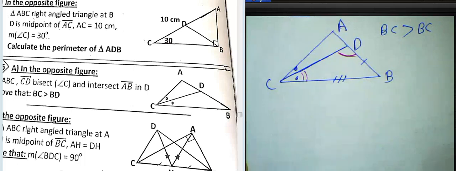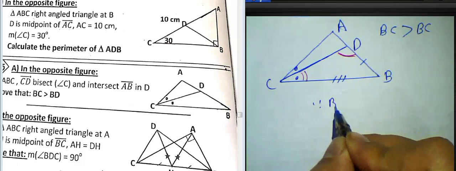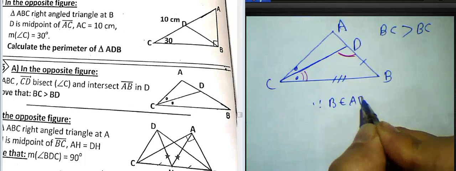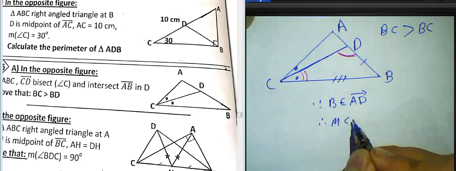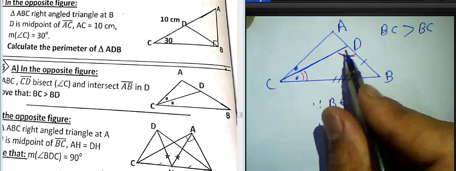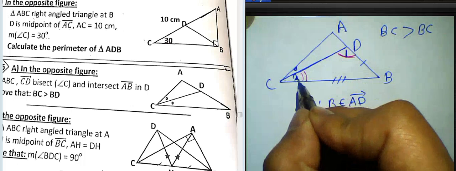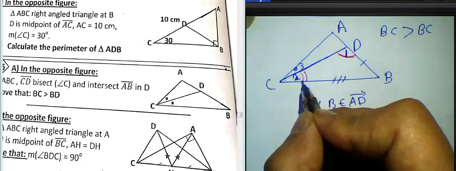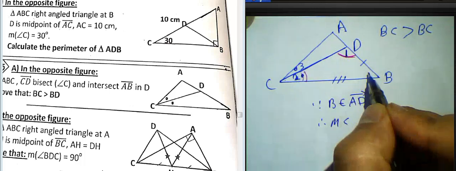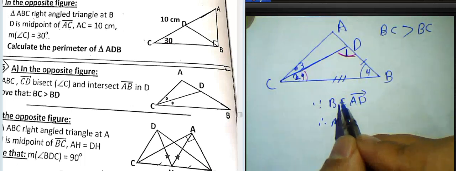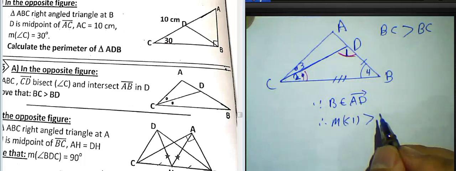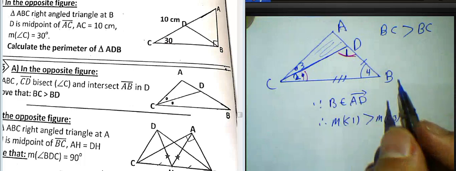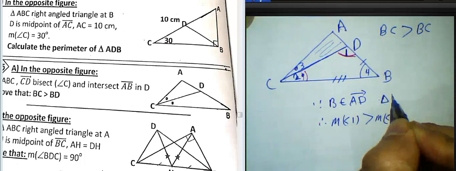Okay, first we know B belongs to straight line AD. Then for the measure of angle C, we will write here 1, and this angle 2, and this angle 3, and this angle 4. Then measure of angle 1 will be greater than measure of angle 3, because it is an exterior angle of triangle ADC.